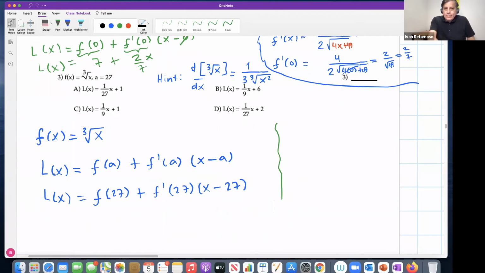And in this case, I think you have to simplify because they're asking you for the linearization, right? The linearization.